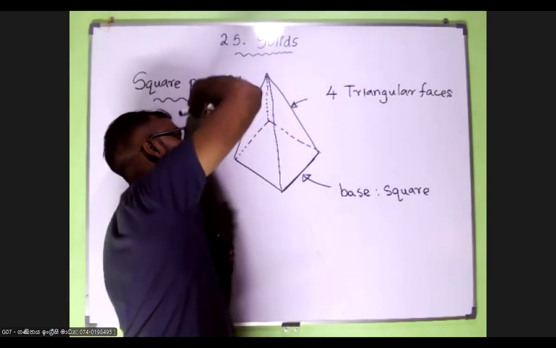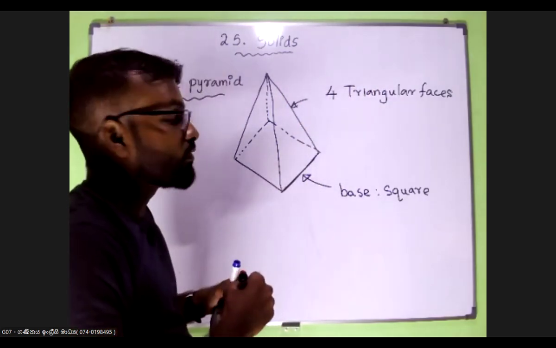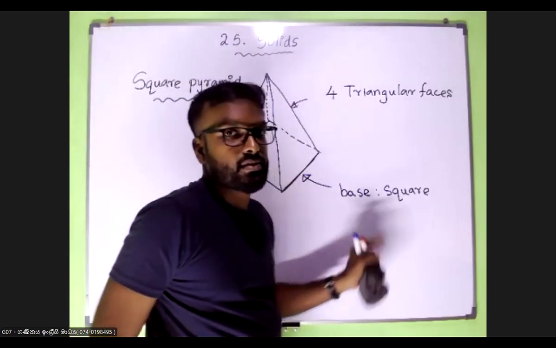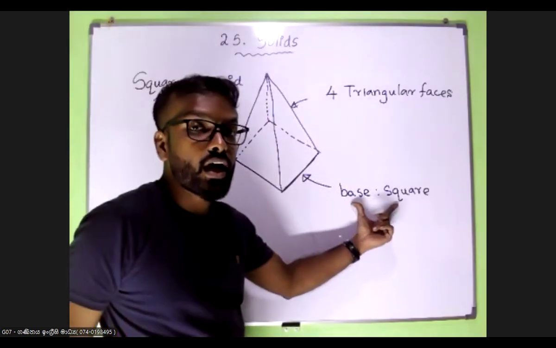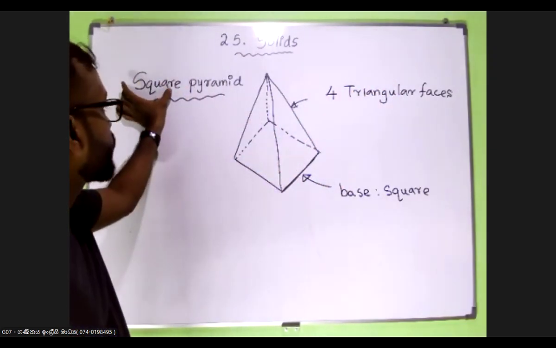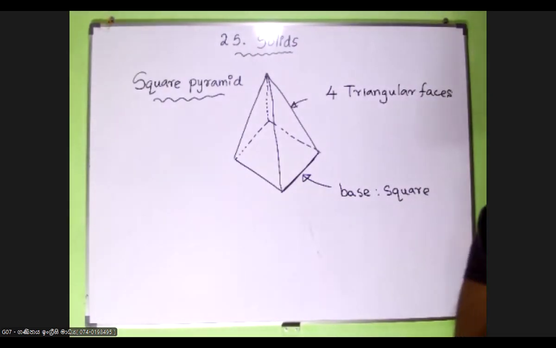This one, and you cannot see the other one, and this side. 4 triangular faces and the square base. Since we have a square base and 4 triangular faces, we are calling it a square pyramid. So that is the logic.